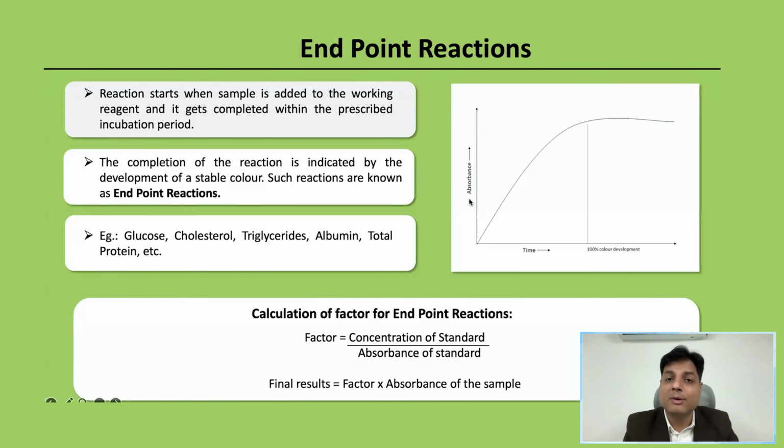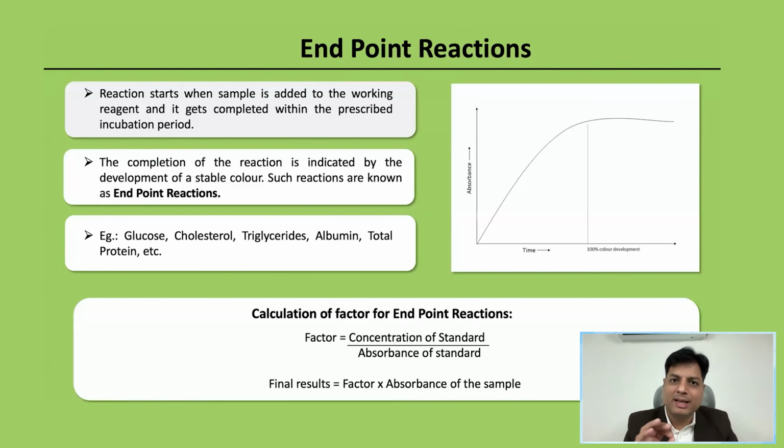How does the instrument calculate the concentration? The instrument calculates the concentration of glucose by using Beer-Lambert's law, which we discussed in one of the previous video lectures. In Beer-Lambert's law, the formula of factor is concentration of standard divided by absorbance of standard.